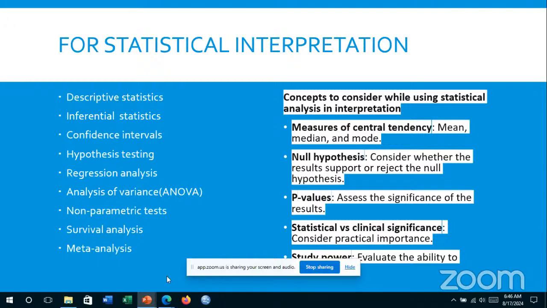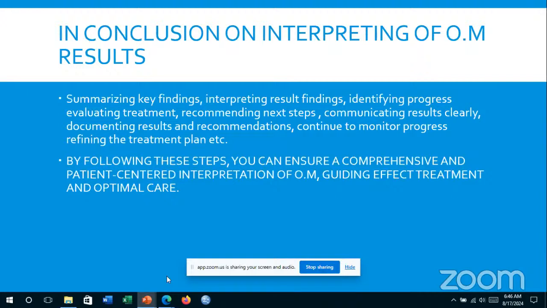But the important thing is to recognize that outcome measures are what make us able to describe situations and conditions, to make inferences based on the data that was collected, and to give a level of confidence to whatever data we collected. That's basically what we use outcome measures for.